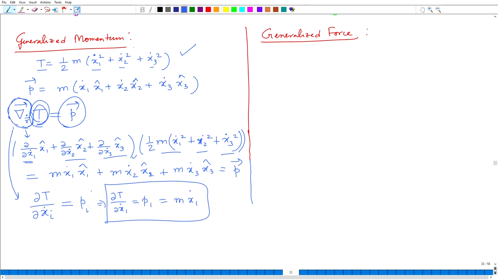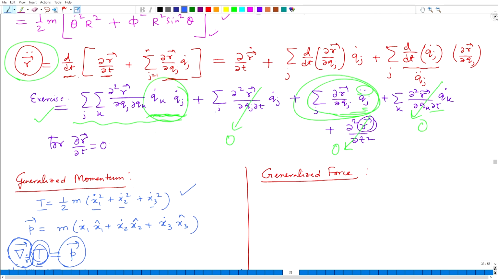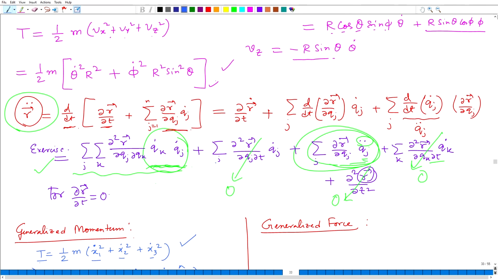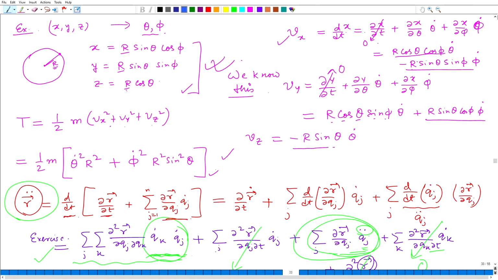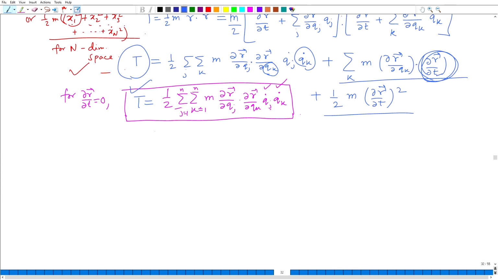Okay. Now, I can generalize this concept for the generalized coordinates and velocities. I will call this quantity del T/del qi dot, because if you remember, I have already successfully expressed the kinetic energy T in terms of the generalized coordinates and generalized velocities.